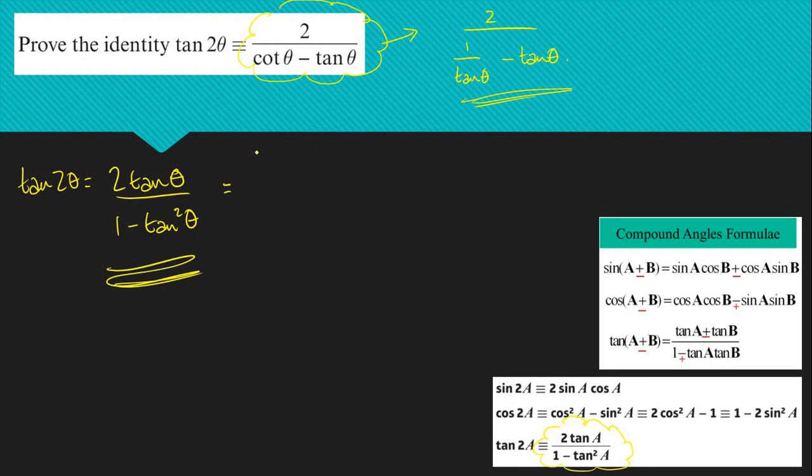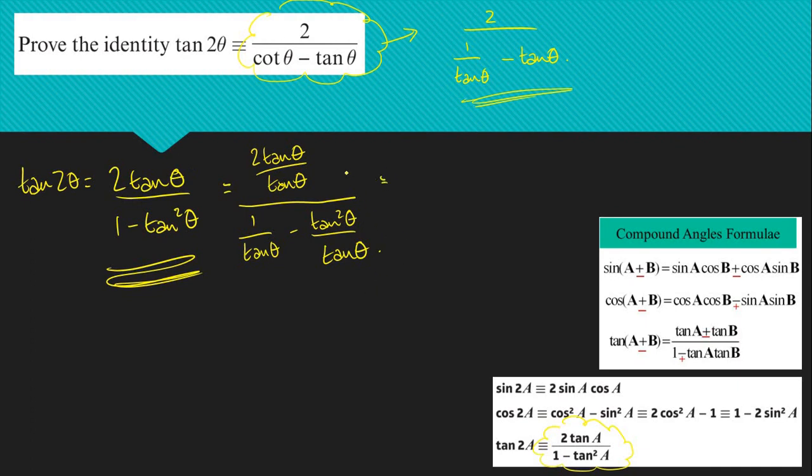So what I'm going to write is 2 tan theta over tan theta all over 1 over tan theta minus tan squared theta over tan theta. Essentially I'm just dividing the numerator and the denominator by tan theta, which is a version of 1, isn't it?